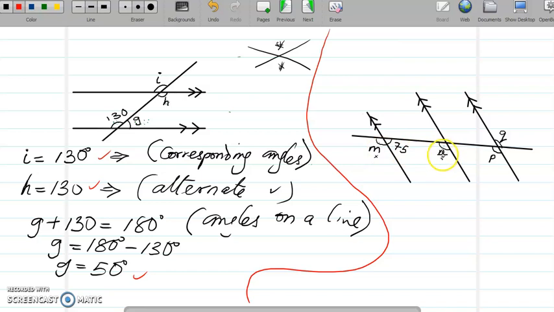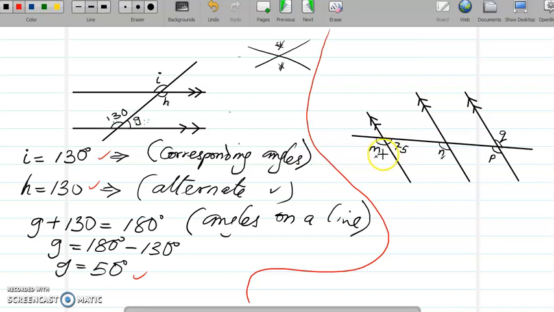If I want to know this first, I'll say this plus this is equal to 180. Reason. Because they are interior angles. This plus this is equal to 180. Reason. Because they are angles on a straight line. So which of them will I go first?